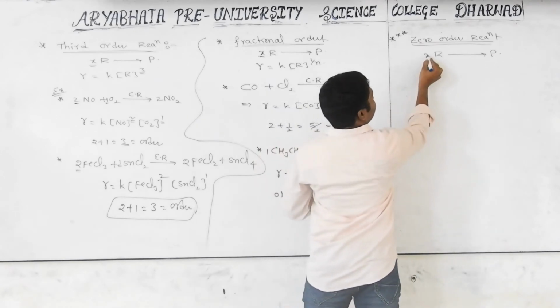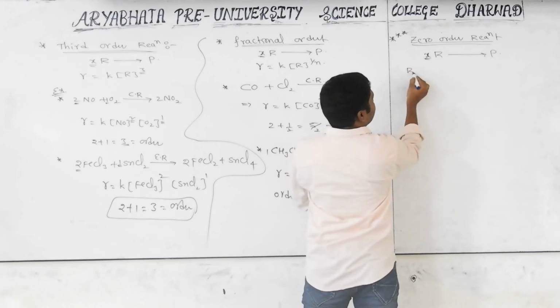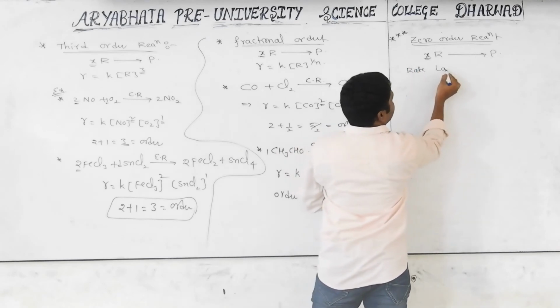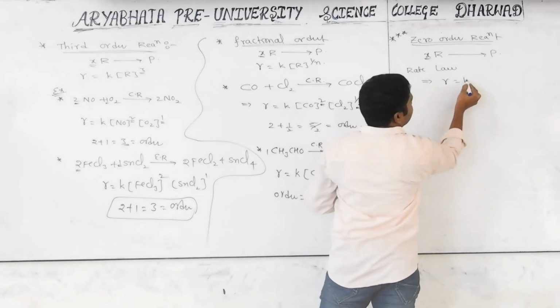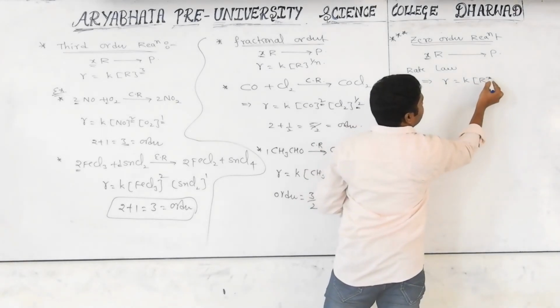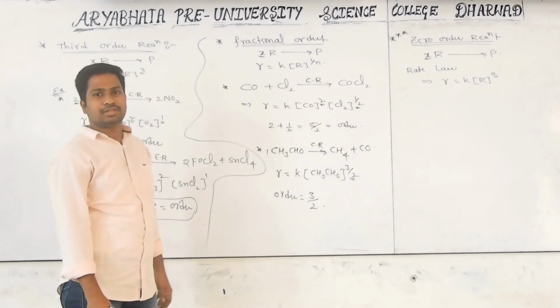Whatever the coefficient is, it doesn't matter to us. Then write down the rate law or rate equation. According to the rate law, R equals K into the concentration of the reactant power 0. That's called a zero order reaction.